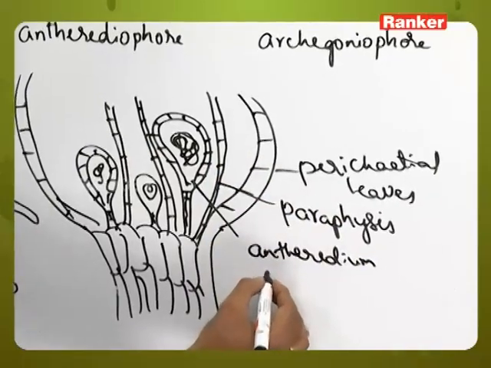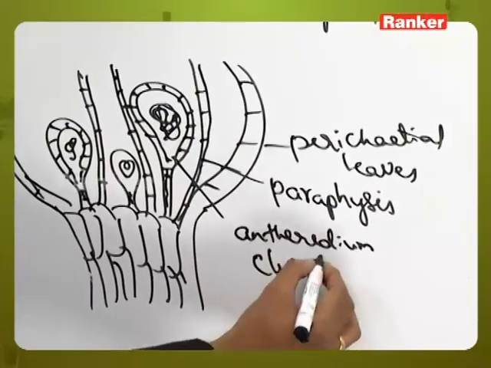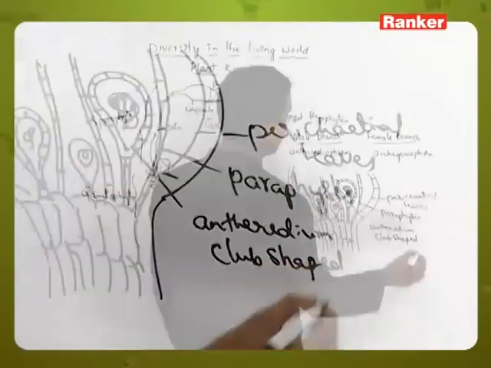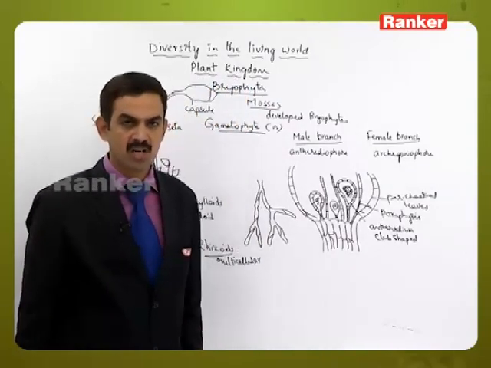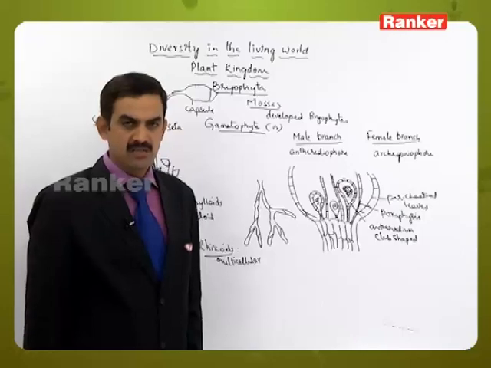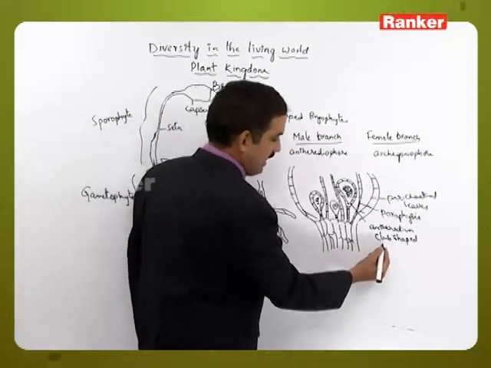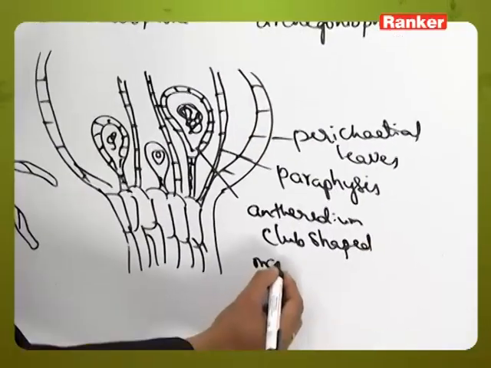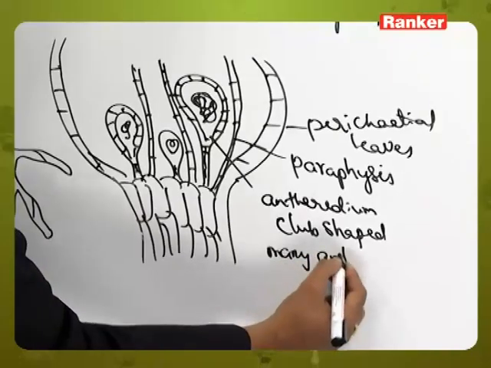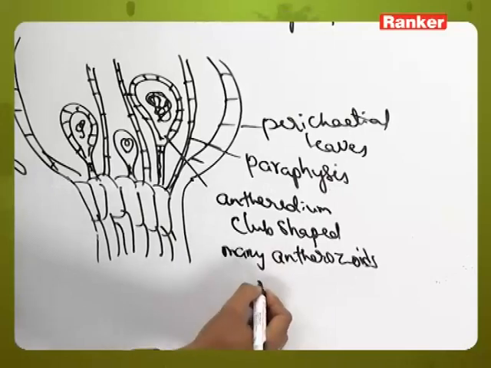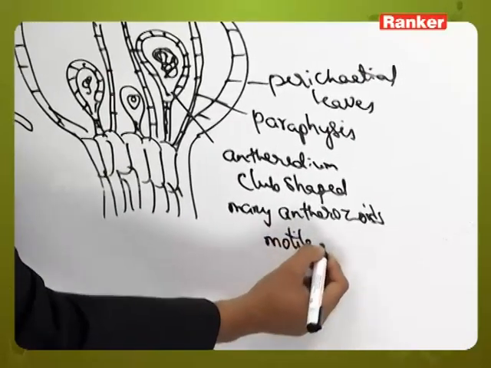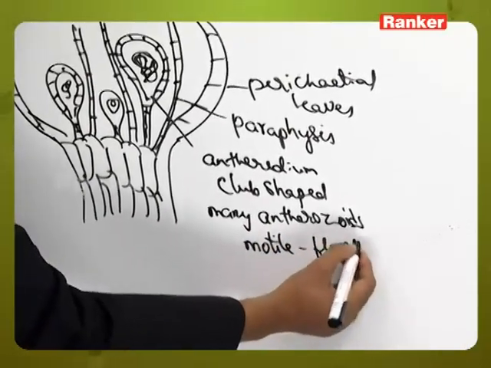The antheridium is generally club shaped, and already we had discussed that reproductive organs or sex organs are multicellular, stalked and jacketed, and inside they produce many antherozoids. Generally these antherozoids are motile, having flagella.